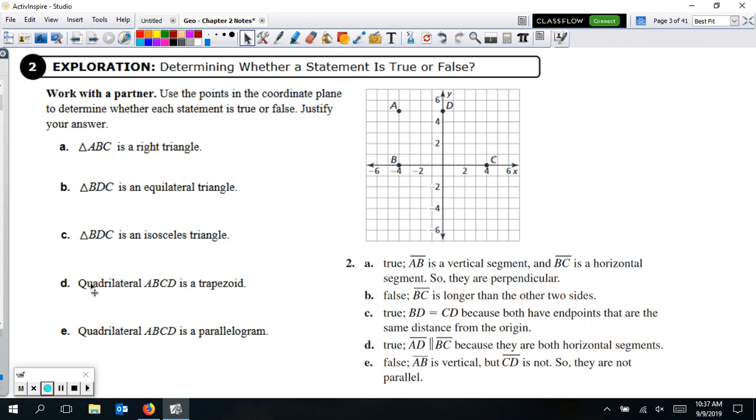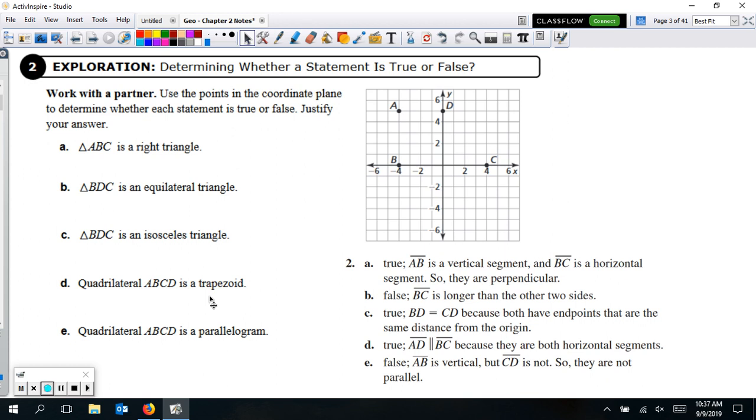D now talks about the quadrilateral. So we have quadrilateral ABCD right through there. It says it's a trapezoid. Well, now we need to remember, what does a trapezoid mean? A trapezoid is a quadrilateral that has one pair of parallel sides, where the other sides don't have to be parallel.